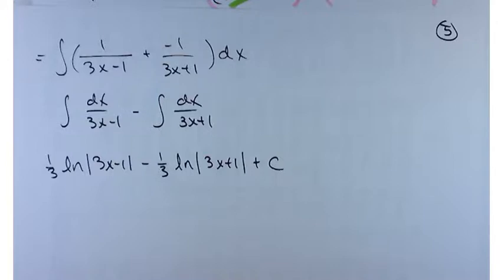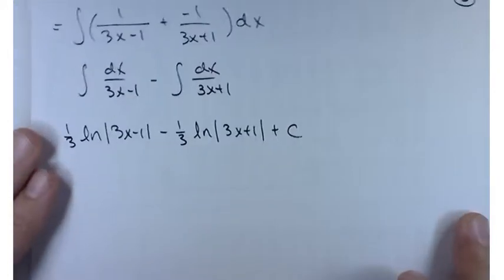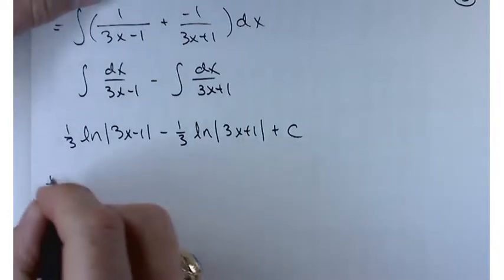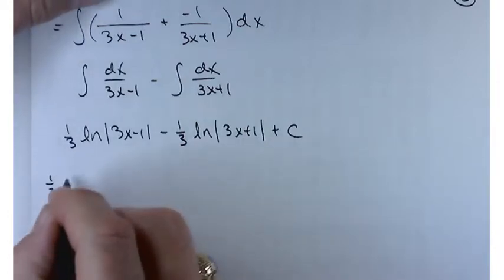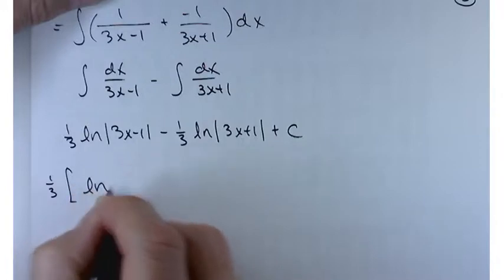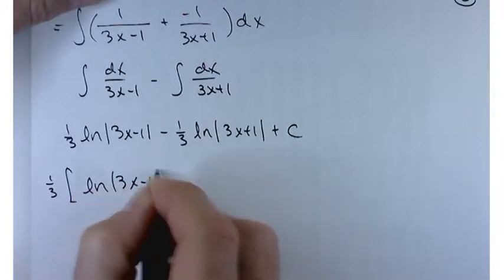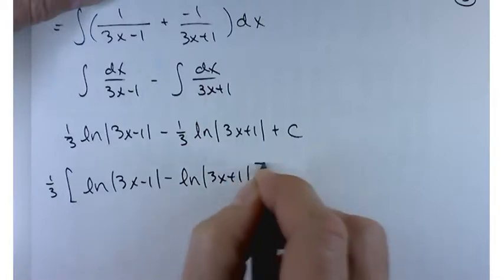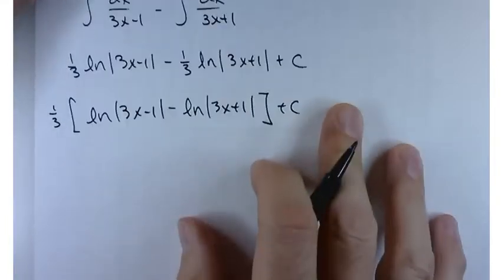If you look up your answer in the back of the book, you might not see this. Might not look quite like that. The book has a tendency to play around with your properties of logarithms. So what would those be? Well, we could factor out the 1/3. 1/3 times the ln of 3x minus 1 minus the ln of 3x plus 1 plus your constant.